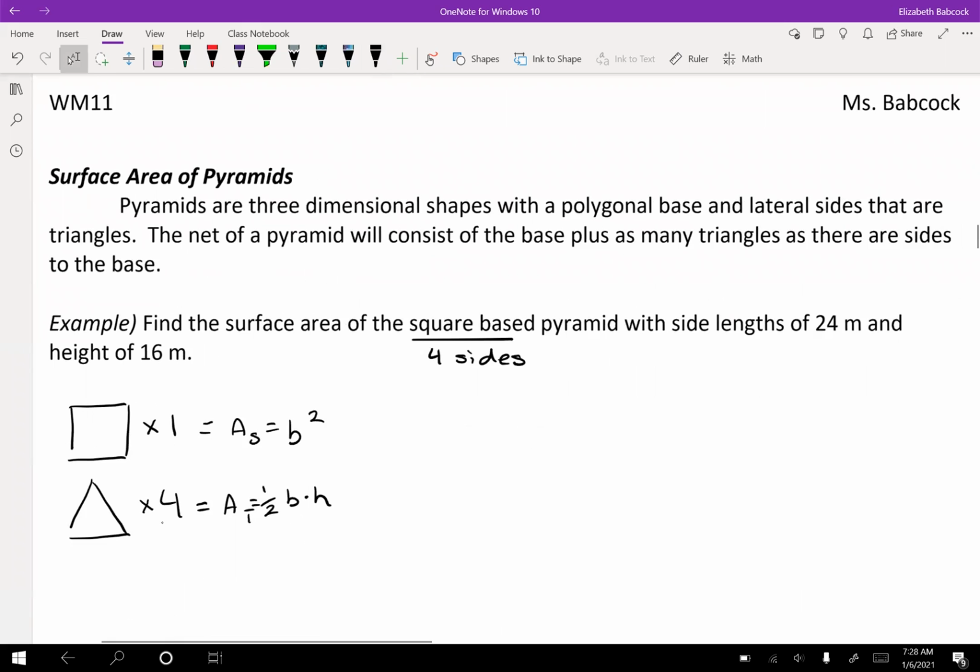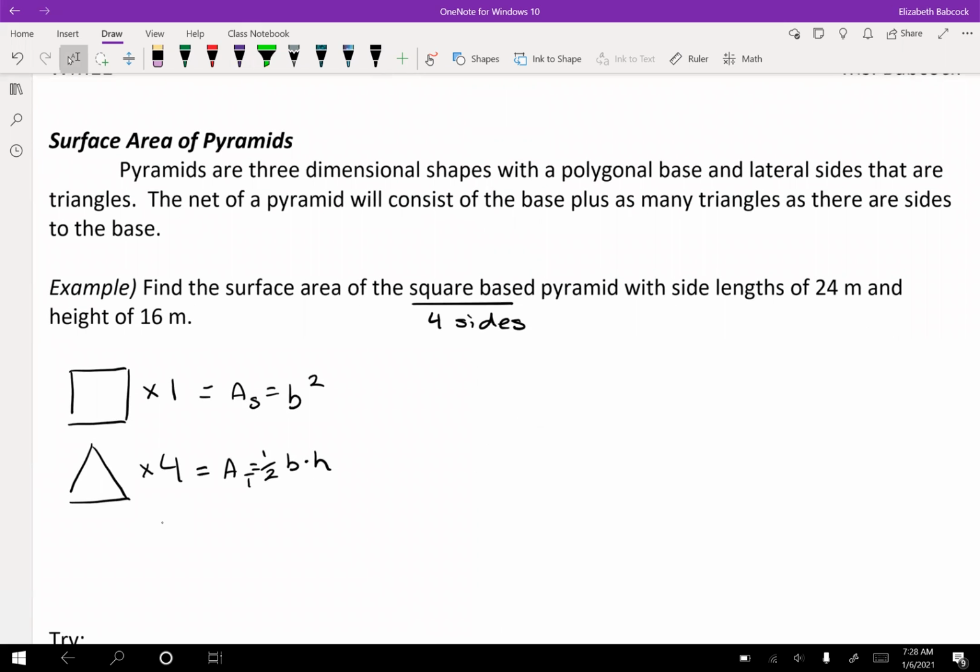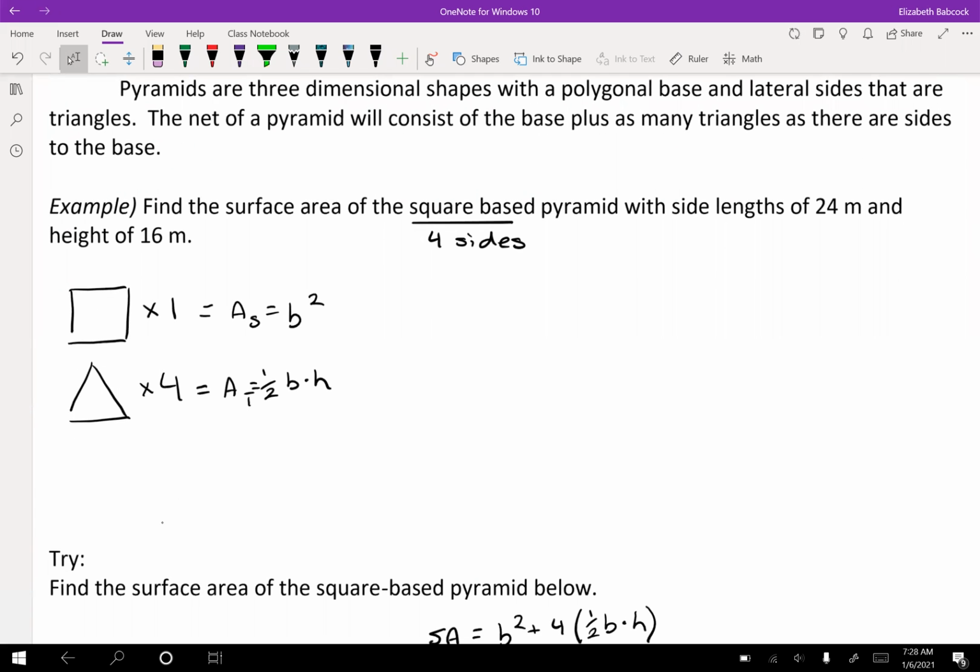Okay, the next shape you're dealing with is pyramids. So pyramids are 3-dimensional shapes with a polygonal base. So that's just a shape with 3 or more sides, and lateral sides that are triangles. Okay, the net of a pyramid will consist of the base plus as many triangles as there are sides. So find the surface area of a square base pyramid.